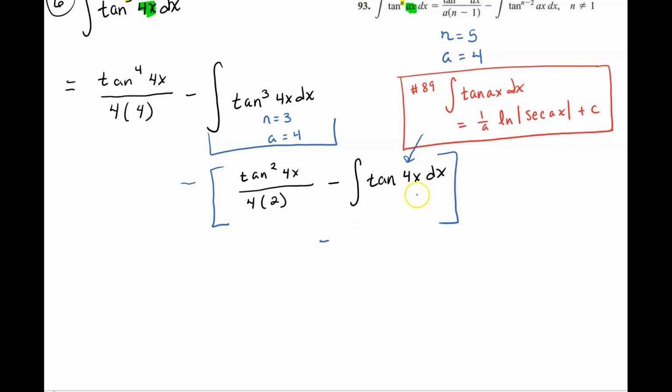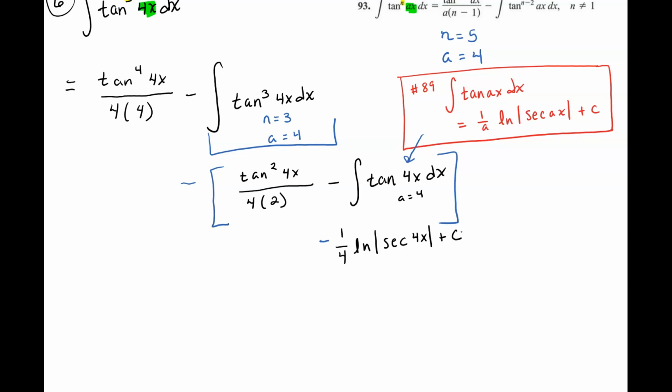And that is, if a equals 4, we fill in the rest: 1 over 4 natural log of the secant of 4x plus c. All right, now that we've got all of that together, we are ready to move this along.